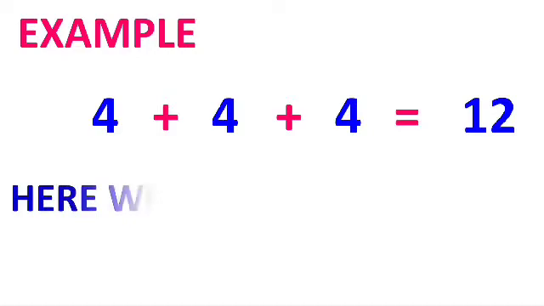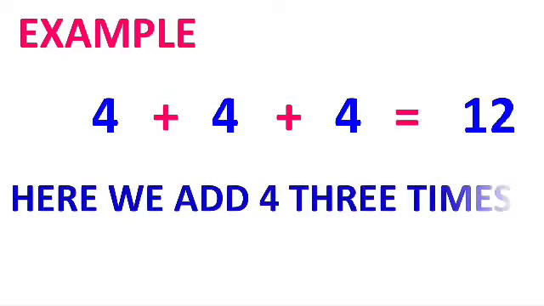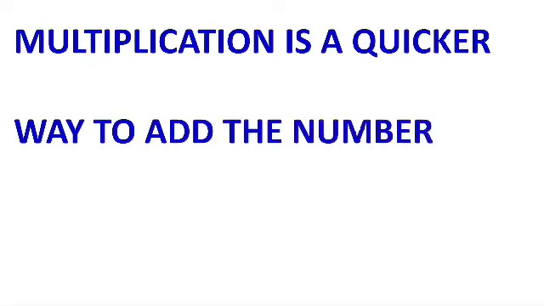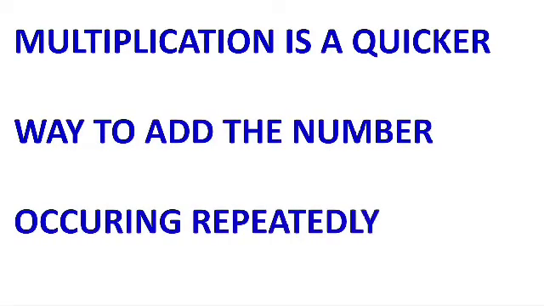Here we add 4 3 times and the answer is 12. This can be written as 4 into 3 is equal to 12. Multiplication is a quicker way to add the number occurring repeatedly.